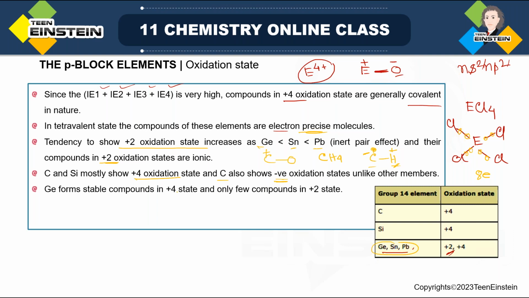Then germanium forms stable compounds in the +4 state, and a few compounds in +2. That means for germanium, +4 is more prevalent than +2. Then for Sn, the next element, it can form compounds in both states. But remember one important piece of information: when it is in the +2 state, it is actually a reducing agent.